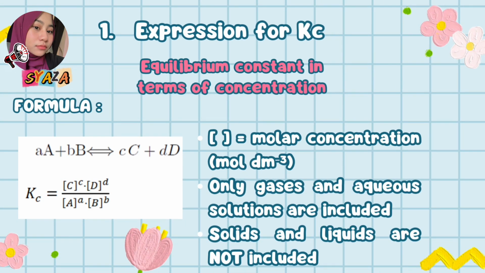Kc, equilibrium constant for concentrations. What is Kc? Kc shows the ratio of product to reactant at equilibrium, and it uses concentration in mol dm minus 3. Meaning of Kc value: large Kc, more product formed, and small Kc, more reactant remains.